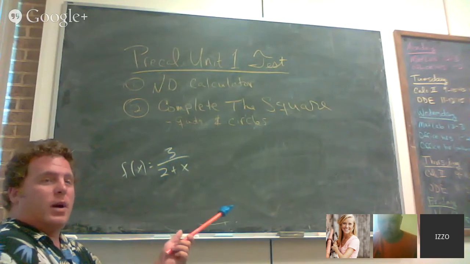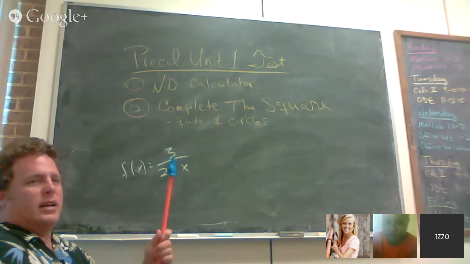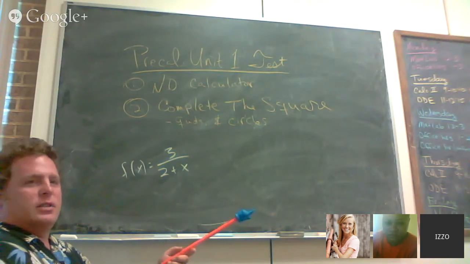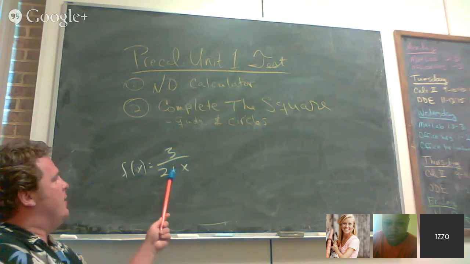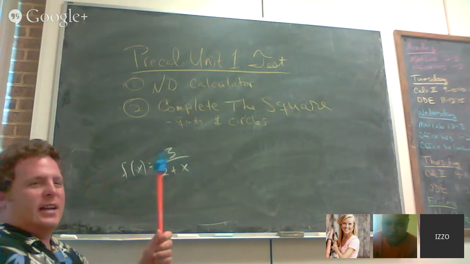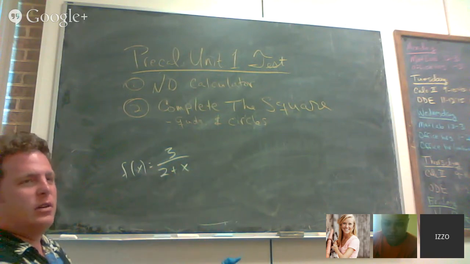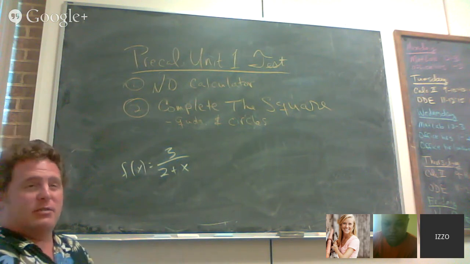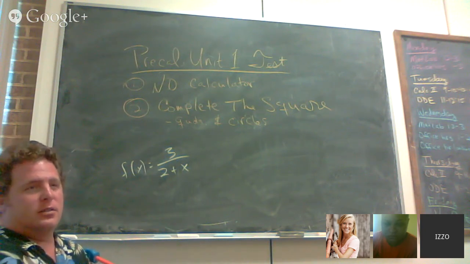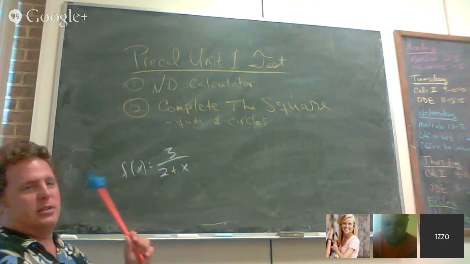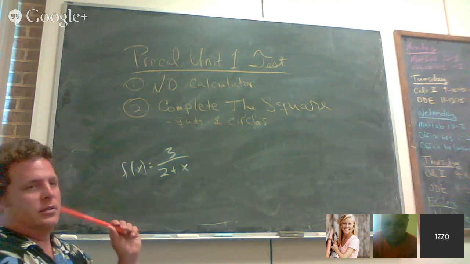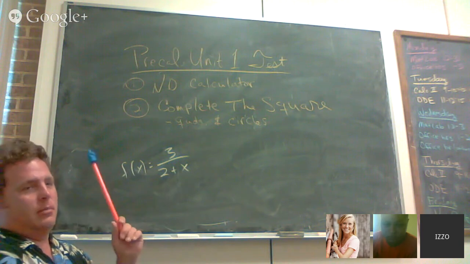So the only thing we worry about right now is we can't have zeros in the denominator. I can have all the x's I want, except any ones that are going to make a 0 in the denominator. So what would make that denominator 0? -2. Yep, x equals -2.